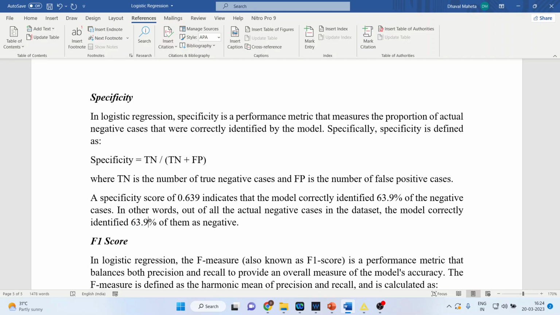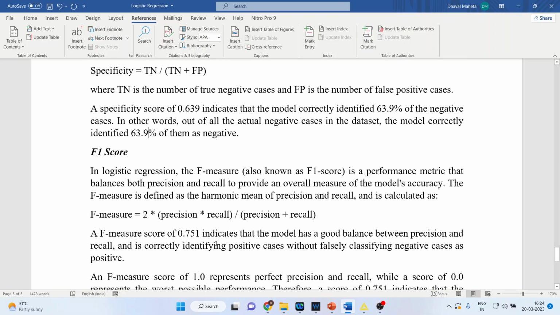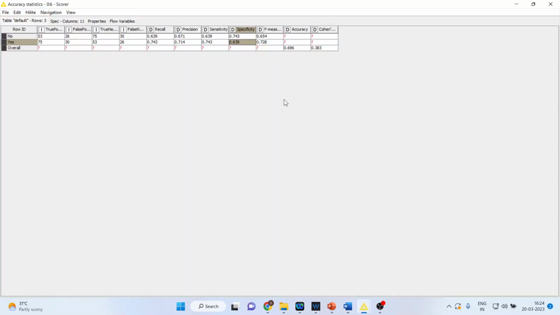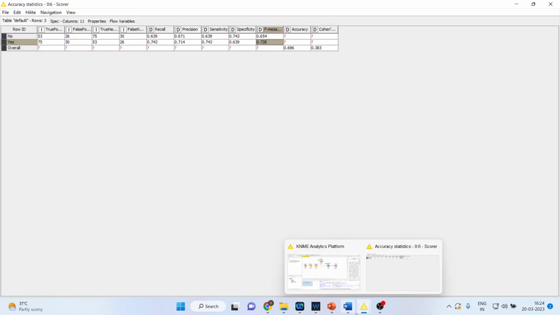Next comes the F1 score. So F1 score is 2 into precision into recall divided by precision plus recall. So what is its value? Let us check. F1 score, it is 0.728, quite good.